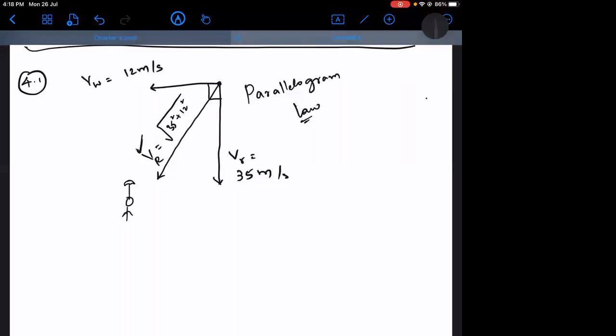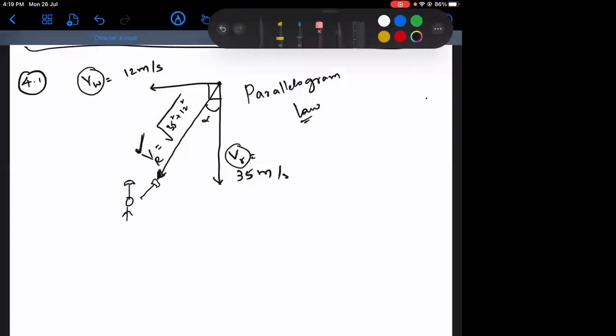So if you observe, since he is standing, it is because of the resultant of the wind and the direction of the rain that the resultant is going to be in this direction, making an angle alpha with the velocity of rain. Correct? So in which direction is he supposed to hold the umbrella? Is it not exactly in the direction in which the resultant is acting?